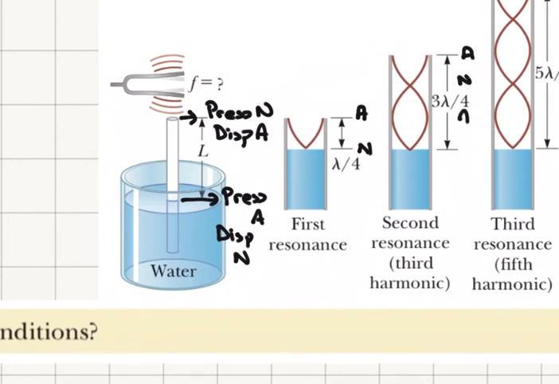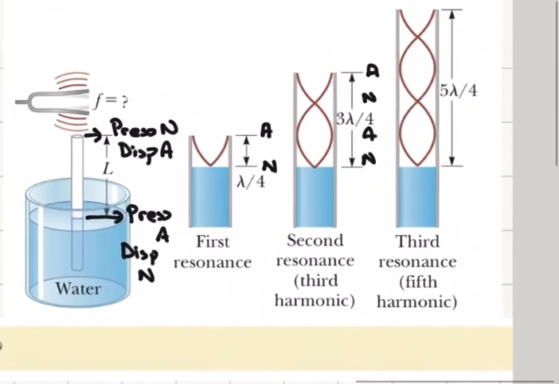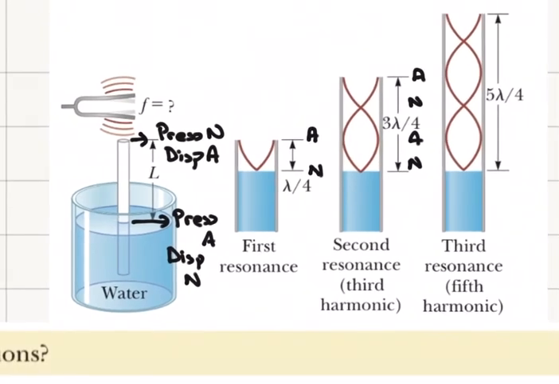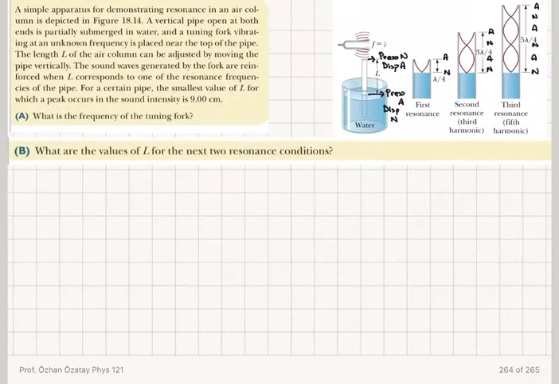So I have AN, lambda over 4, and here for the fifth harmonic, third resonance, AN.